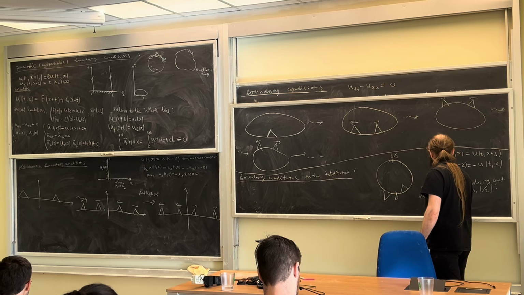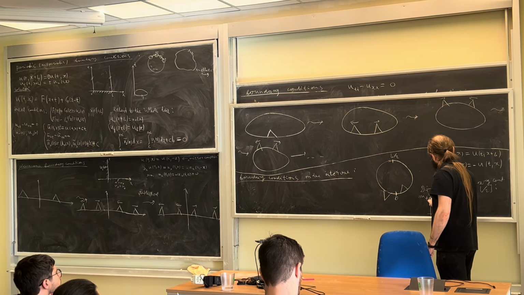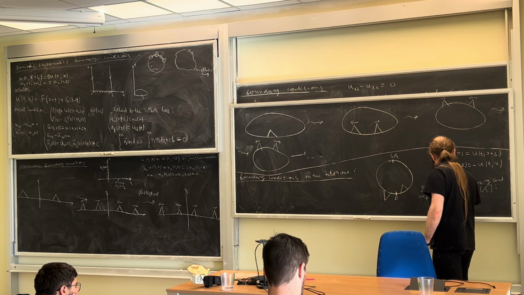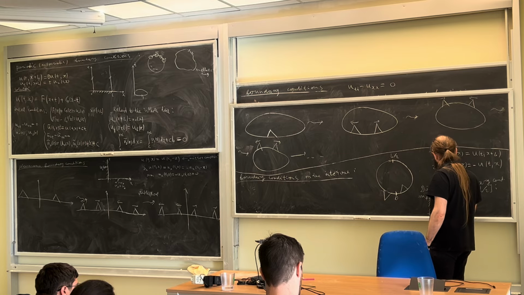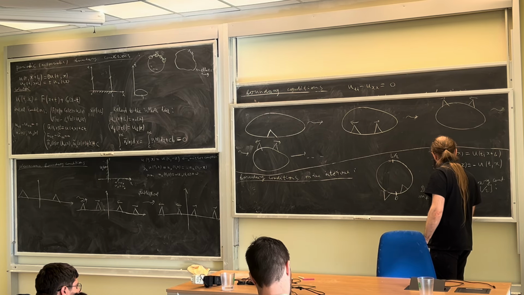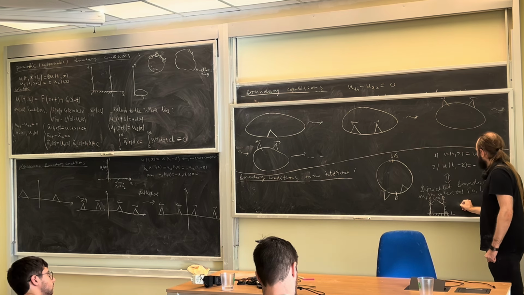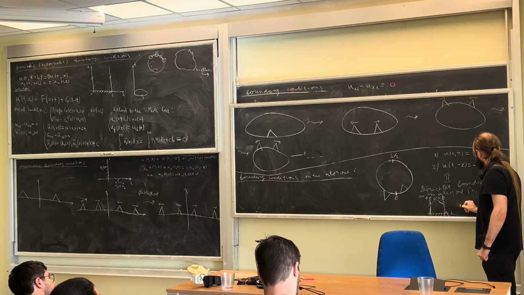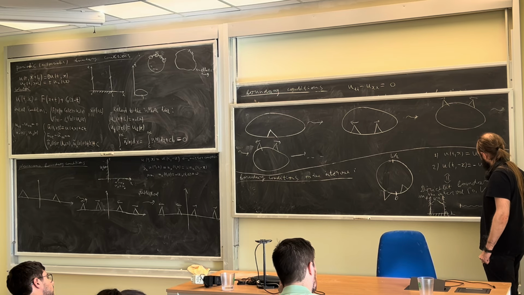This is t, this is x. We have some initial condition here, and we have two boundaries with Dirichlet boundary conditions. Assume that u is 0 here and there, which corresponds to a string fixed at 2 points. Like this.